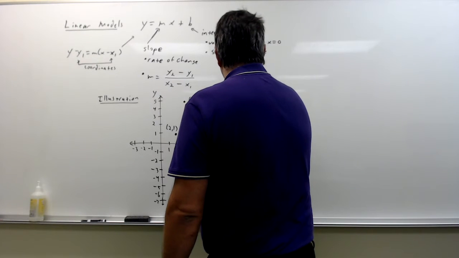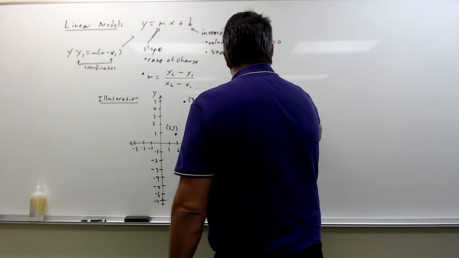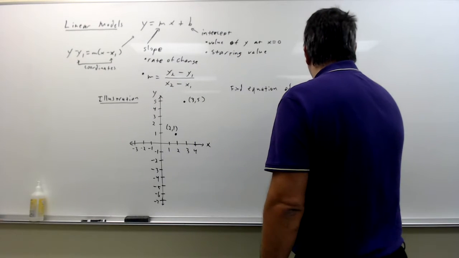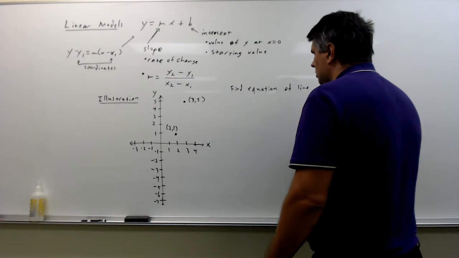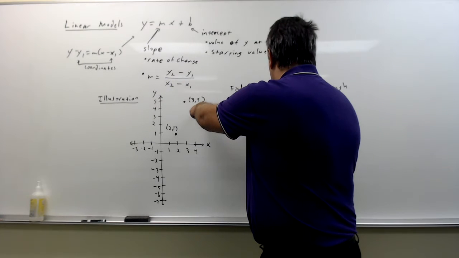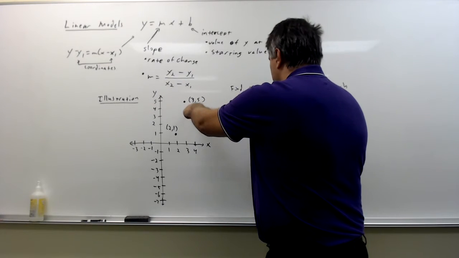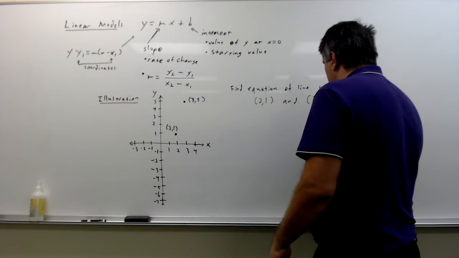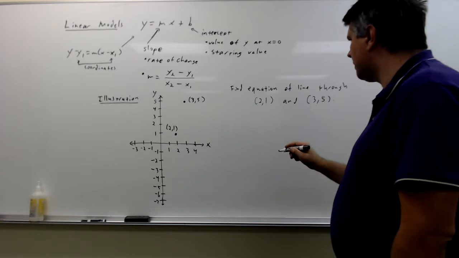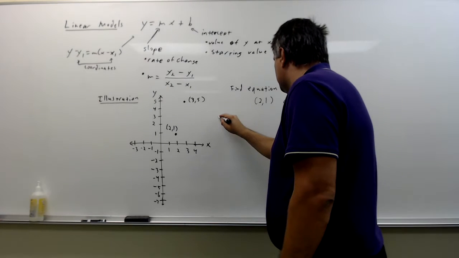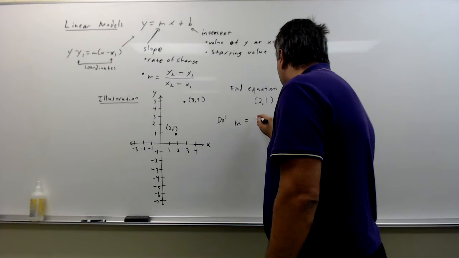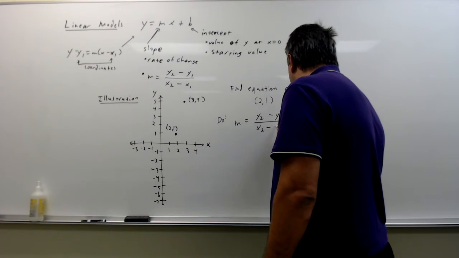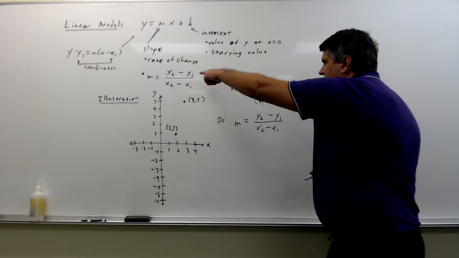Find the equation of the line through 2, 1 and 3, 5. So here's what you might have done in algebra. Do m equals y sub 2 minus y sub 1 over x sub 2 minus x sub 1, as stated here.